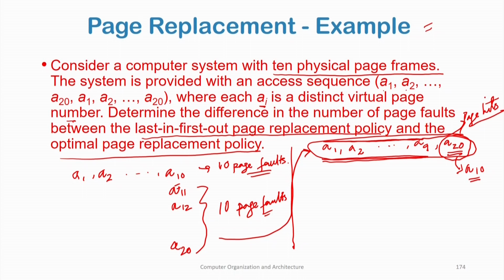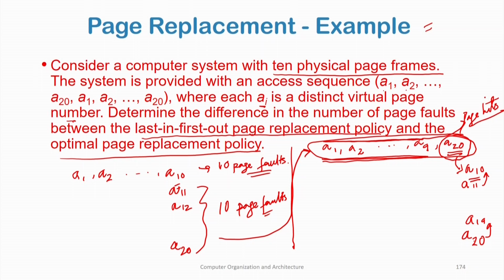So A10 will replace A20, A11 will again replace A10, and likewise A20 will result in a page fault and it will replace A19. So how many page faults will you have?